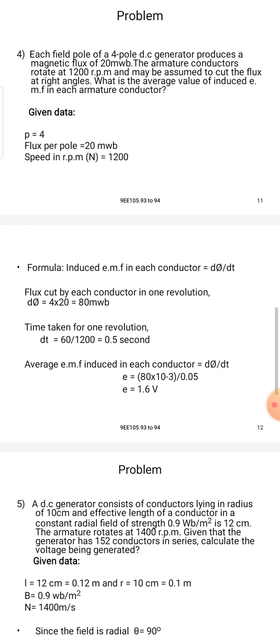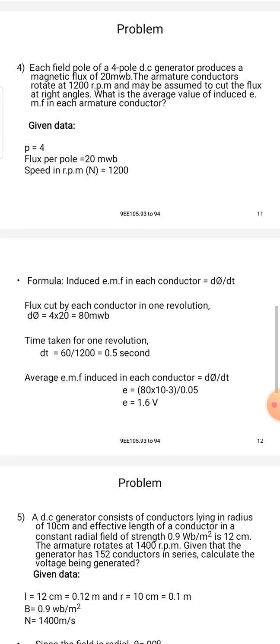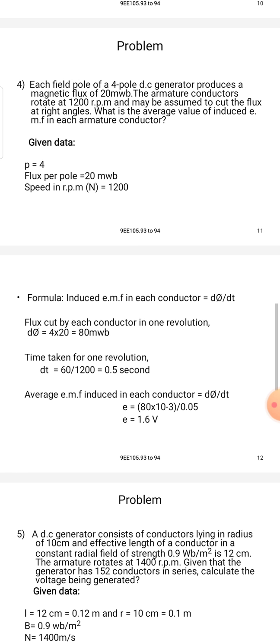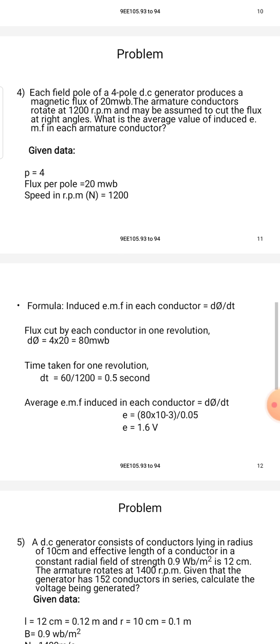So the time taken for one revolution is 60 by 1200. Convert to seconds: 60 by 1200 is equal to 0.05 seconds.